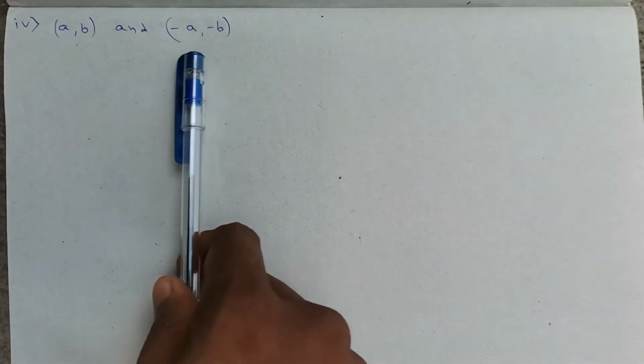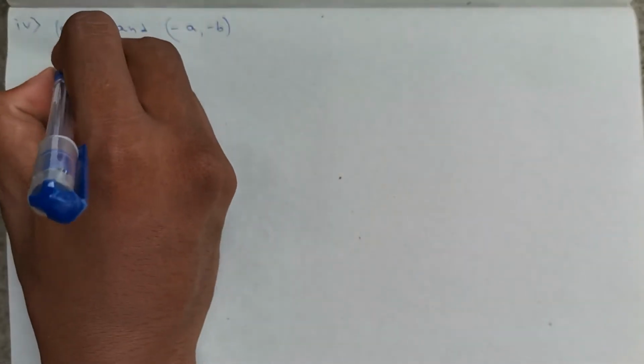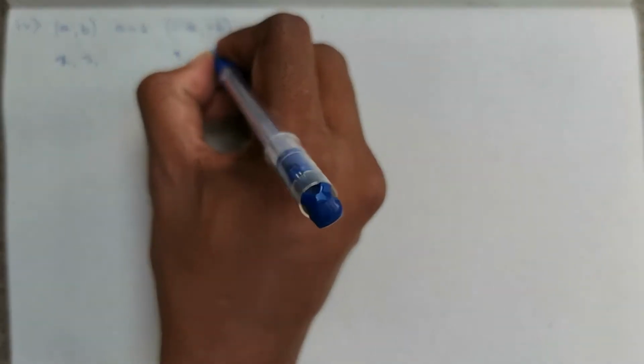First point is (a, b) and second point is (minus a, minus b). So this I am taking as x1, y1 and this I am taking as x2, y2.